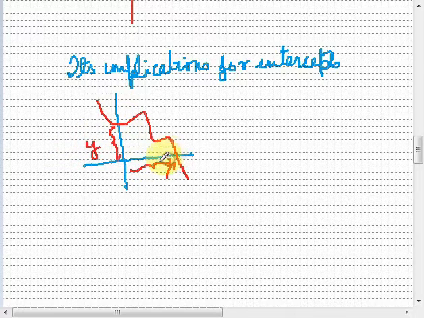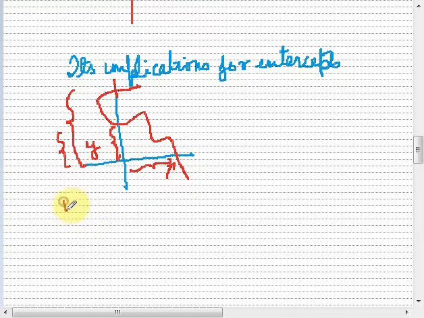It may happen that if the graph cuts at many points, a vertical line tests many points, then the y-intercept may be this one also and this one also. So if the graph is not a function, then we may have more than one y-intercept.